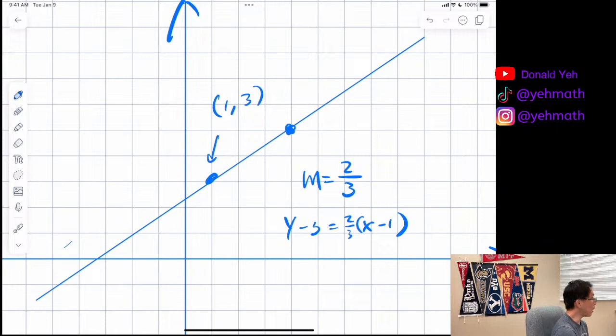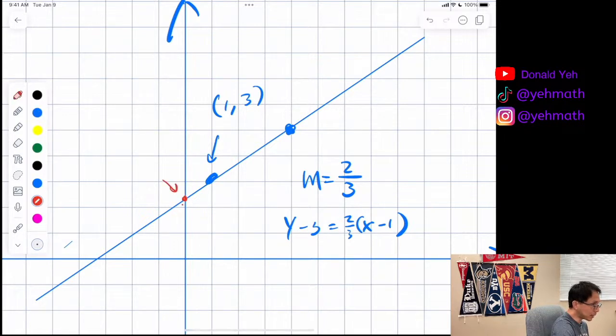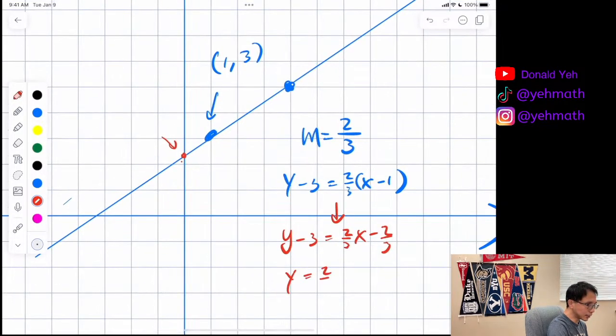This is more powerful because why? Because you have no idea where this y-intercept is. You want to strictly use y equals mx plus b, but it doesn't work. But guess what? You can change that. You can say y minus 3 equals 2/3 x minus 2/3, and add 3 to the other side.